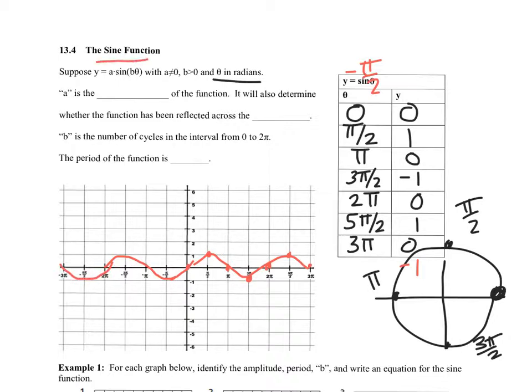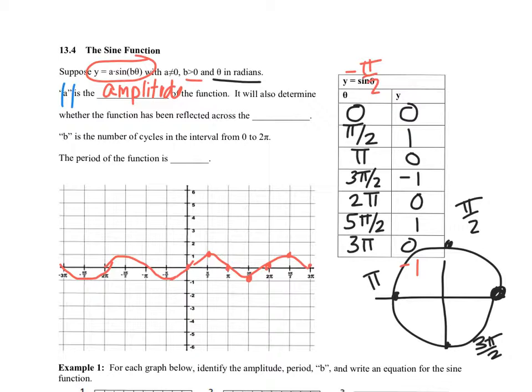So if you have y equals a times sine of b theta, where b is greater than 0 and theta is in radians, a is the amplitude of the function. Actually, the absolute value of a is the amplitude, because amplitude is always positive.